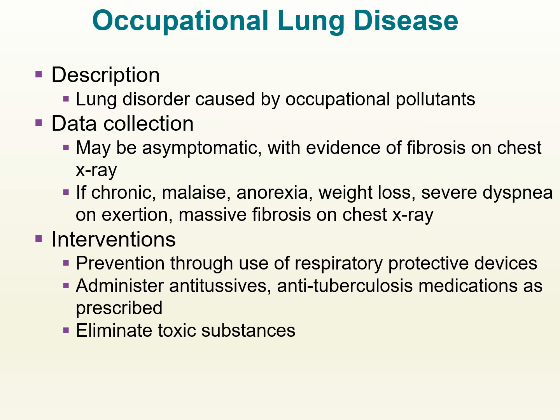If it's chronic, the patient may experience malaise, anorexia, weight loss, severe dyspnea on exertion, and they may show massive fibrosis on a chest x-ray. Interventions would be prevention through use of a respiratory protective device, administer antitussives, anti-tuberculosis medications as prescribed, and eliminate exposure to the toxic substances.